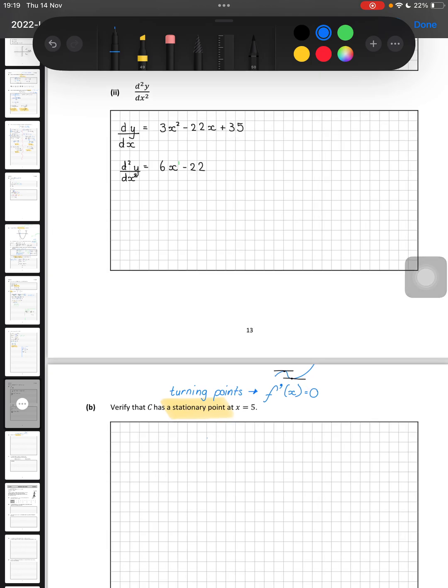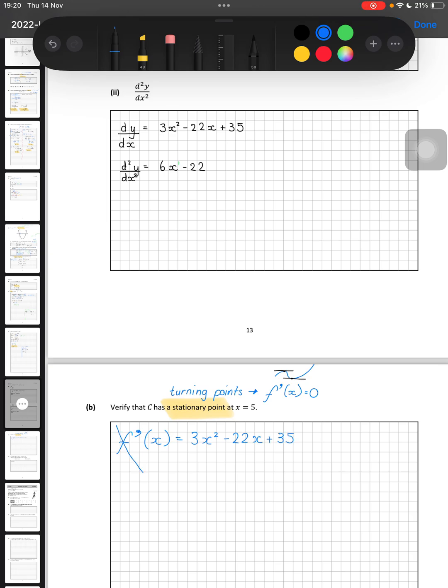I'm going to write it here as f dash of x, just so that I can fill in what x is going to be. This is another way that I can write my first derivative, f dash of x, the same thing as dy dx. So the equation there was 3x squared minus 22x plus 35.